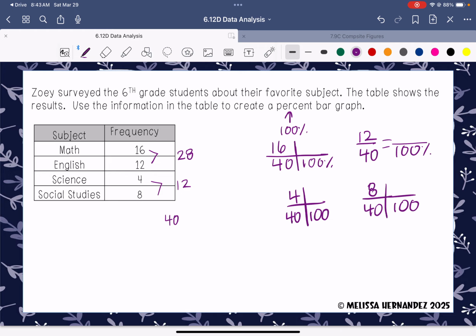Because 40 doesn't go into 100 easily, it's easier to scale down. So let me show you what I mean. 16 and 40 are both even, so we'll scale down by half, or divide by 2, which will give you 8 over 20.